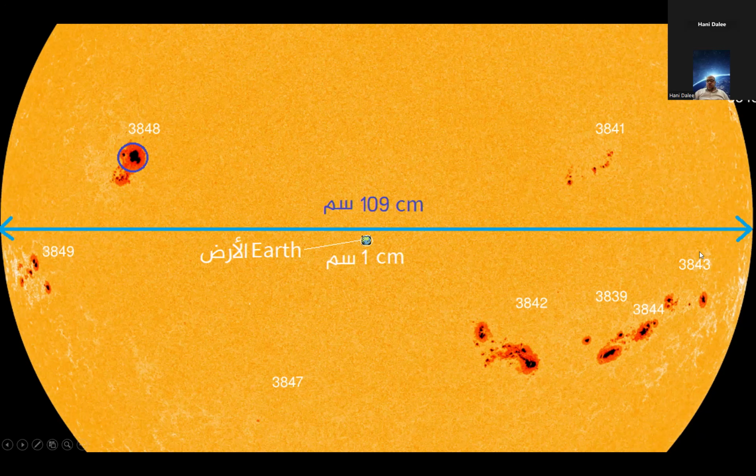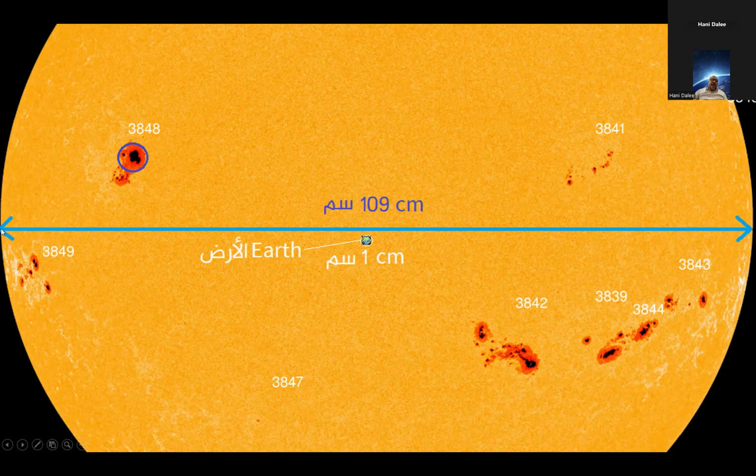So what you are going to do is measure the distance or the diameter. Now, if you imagine that the diameter of the sun is 109 centimeters, it means the Earth is 1 centimeter.